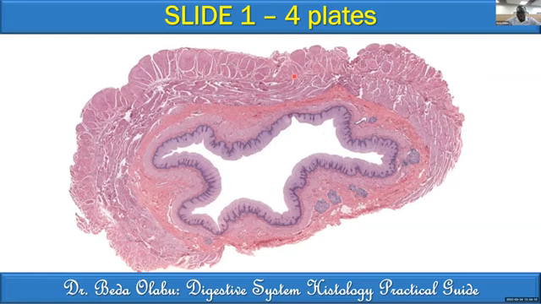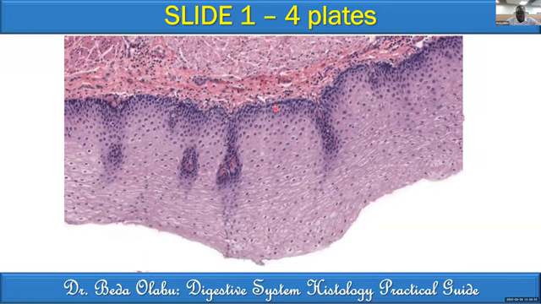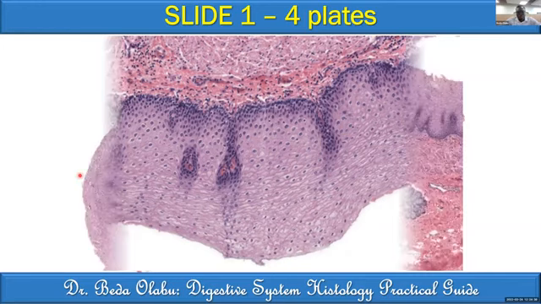A higher magnification of it is that one. This one captures the epithelial lining. We see stratified squamous non-keratinized epithelium. So already we know this cannot be duodenum. This is definitely esophagus. But there's some more story.